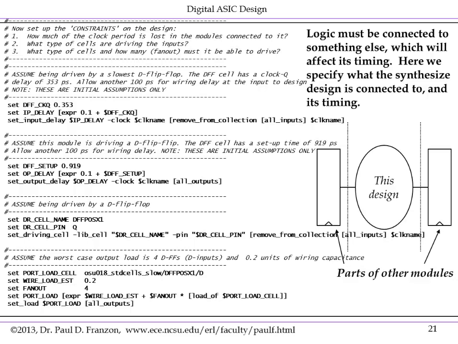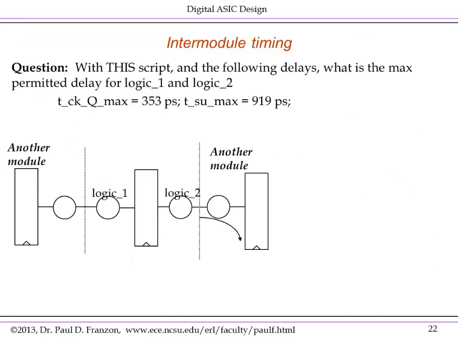If I don't do this step properly, I might get setup and hold violations in my final design and not know it until much later in the design process when I do my final timing verification after finishing the layout. At that point, it's a very complex beast to deal with and much more difficult to work out what's going wrong. So it's important to get this right early in the design process.